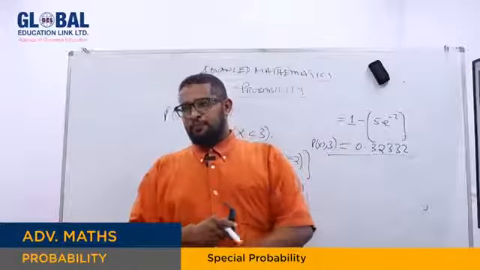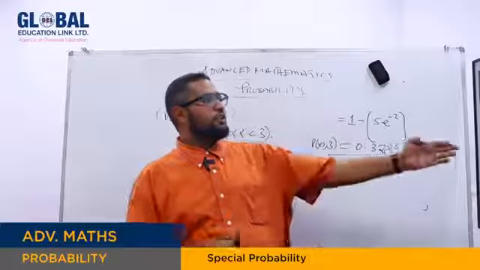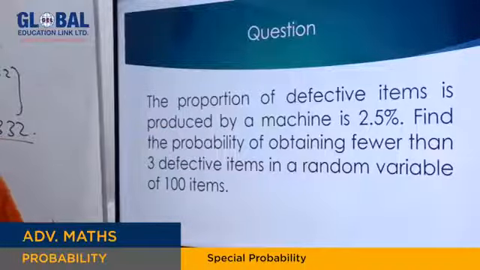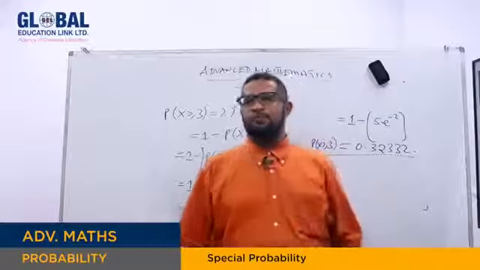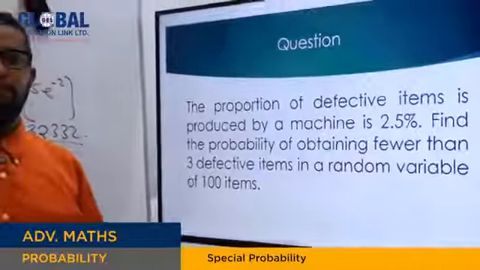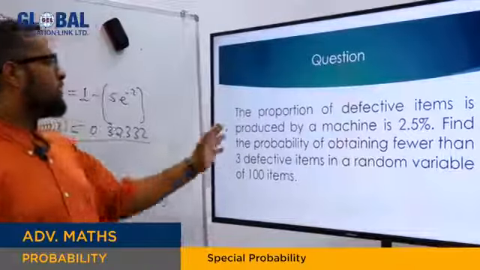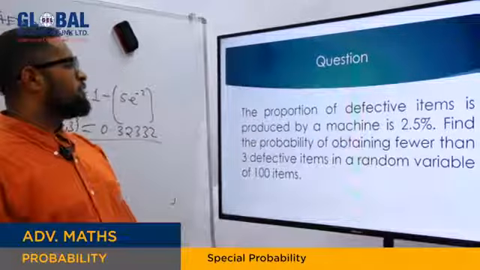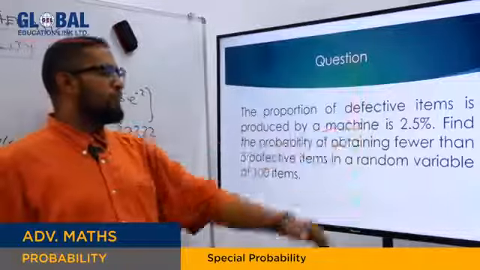Now, due to time, this is a question for you as a take-home assignment for more practice. As you know, practice always makes perfect. If you find a question like this one: the probability that a defective item is produced by a machine is 2.5%.